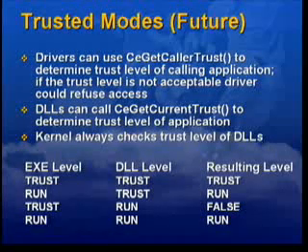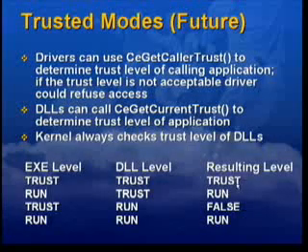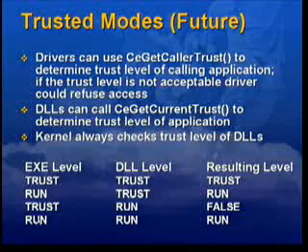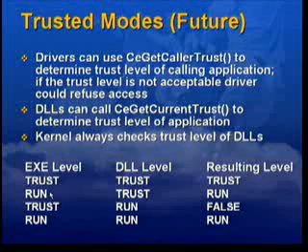But if both the exe and the DLL that the application is trying to load have the same trust level, then they will be running at the same trust level. For example, trust and trust, the resulting trust level is trust. If you have an application at run and a DLL at trust level run, the resulting trust level will be run. If you have an application that is using the trust level run and you have a DLL that has a higher trust level, the resulting trust level will be the lower, which is run.